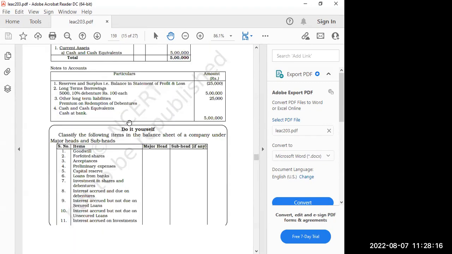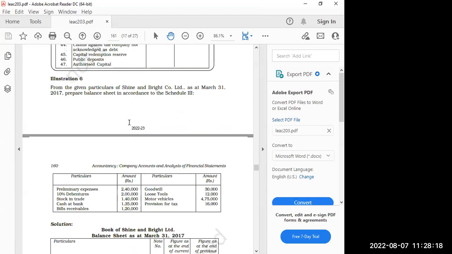Okay, look at this question. Question number 6. From the given particulars of Shine and Bright Company Limited as on March 31, 2017, prepare balance sheet in accordance with schedule number 3. Even if they are not mentioning it, we are going to prepare according to schedule number 3 only.